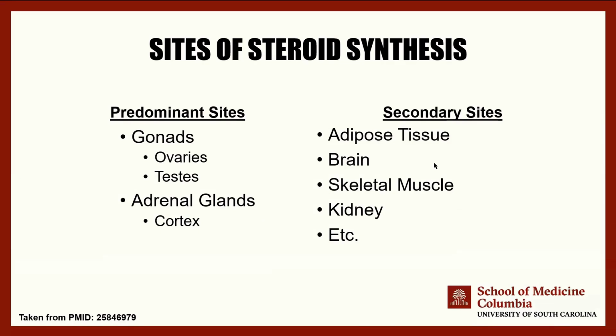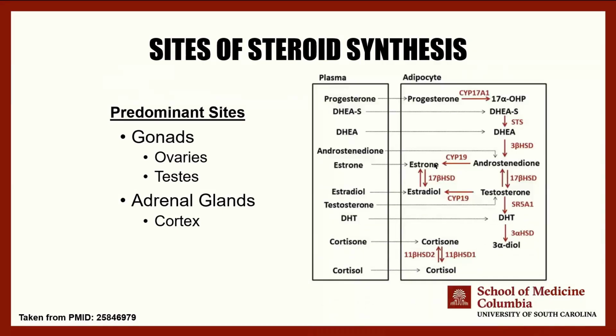These are examples of tissues which do metabolize androgens. And to give you a brief snippet of that, for example, you can have androstenedione or testosterone that goes into the tissue of interest and gets metabolized through that aromatase enzyme into estrogen, for example.